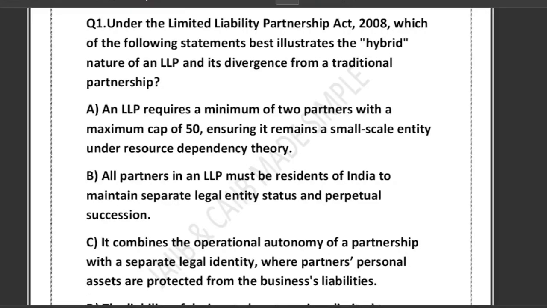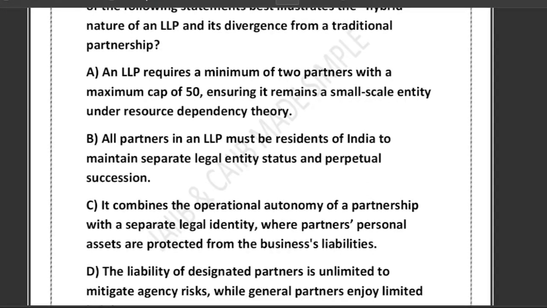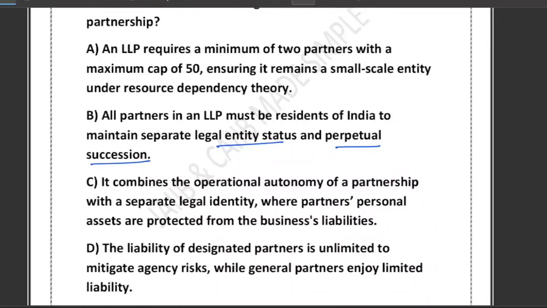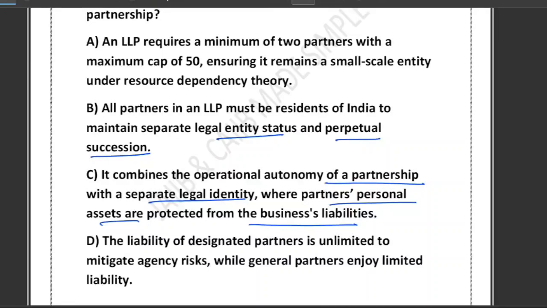Option B, all the partners in an LLP must be resident of India to maintain separate legal entity status and perpetual succession. Option C, it combines the operational autonomy of a partnership with a separate legal entity where partners' personal assets are protected from business liability. Option D, the liability of DP is unlimited to mitigate agency risk, while general partners enjoy limited.